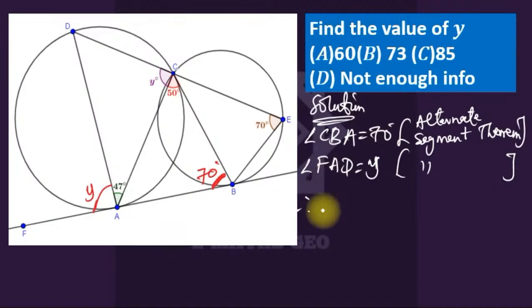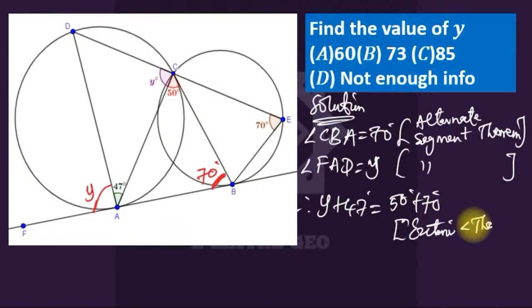Therefore, y plus 47, that's the exterior angle, is equal to the sum of 50 and 70, by exterior angle theorem. Therefore, if we solve for y, we have 73. So y is 73, option B.